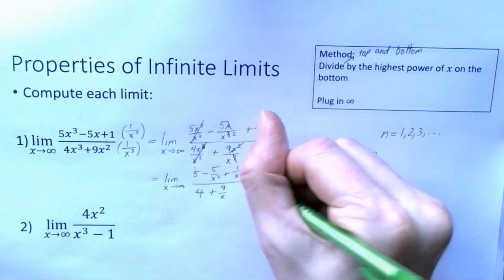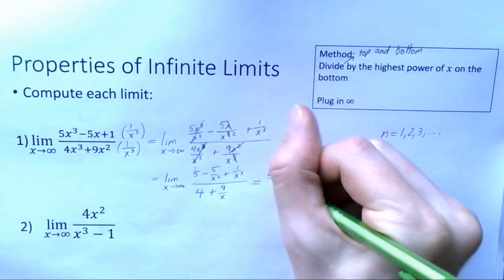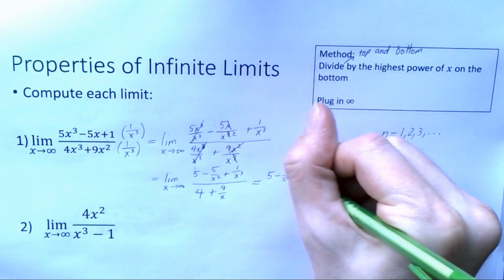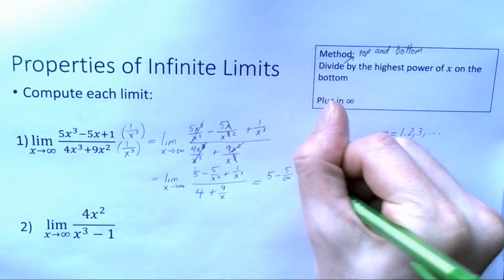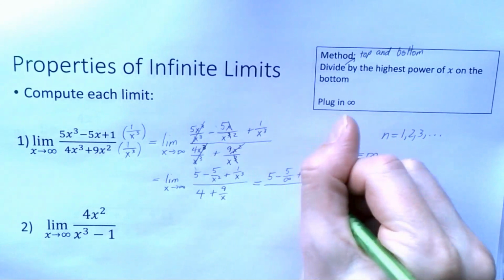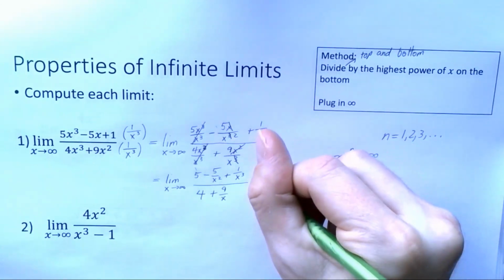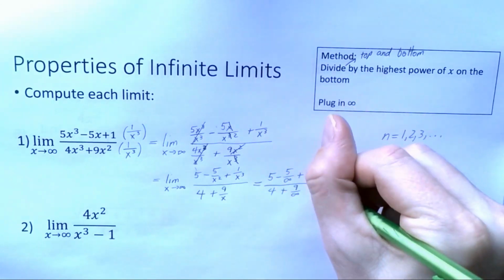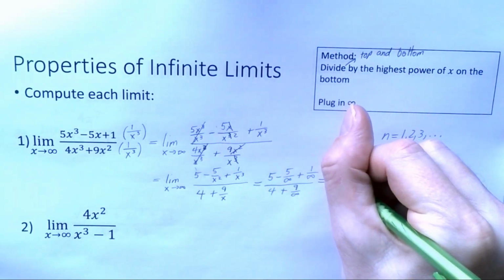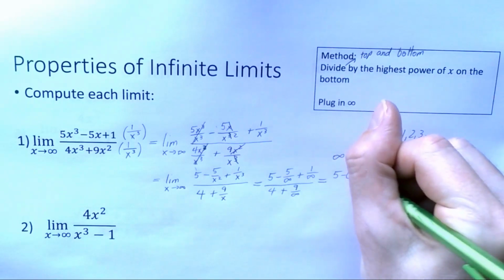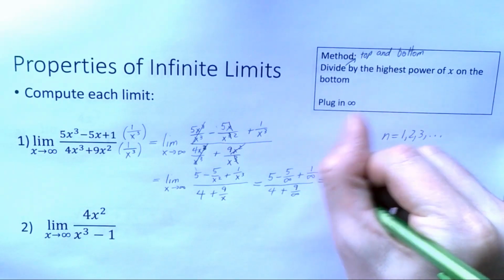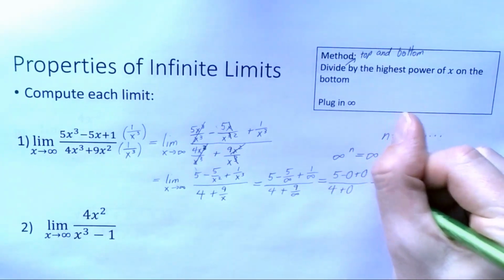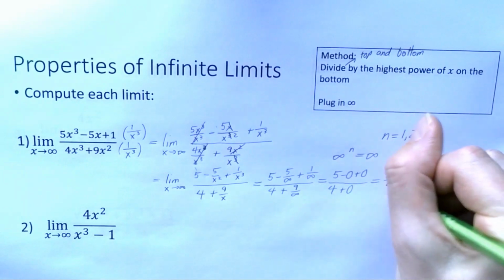So this limit becomes 5 minus 5 over infinity plus 1 over infinity, and then the bottom becomes 4 plus 9 over infinity. That then becomes 5 minus 0 plus 0 over 4 plus 0. And so our final answer is 5 over 4.